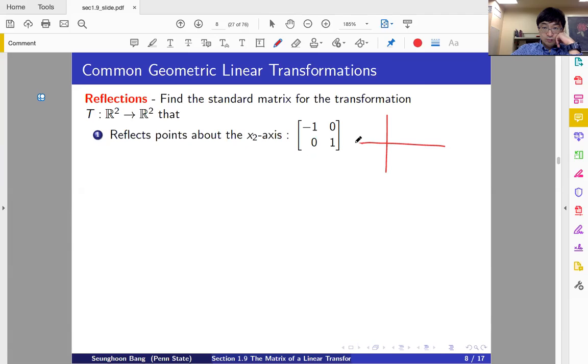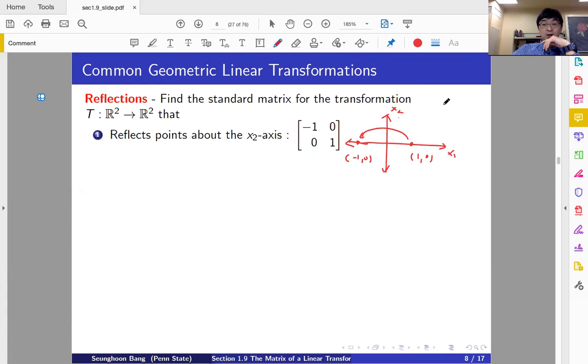You can draw. This is x2, this is x1. You can choose E1. E1 is 1, 0. What happens to 1, 0? You have to reflect 1, 0 about x2. The 1, 0 moves to here, only reflect. This point is going to -1, 0.